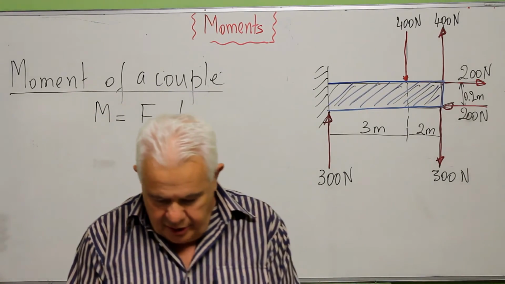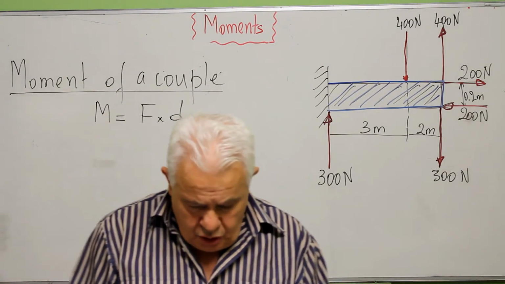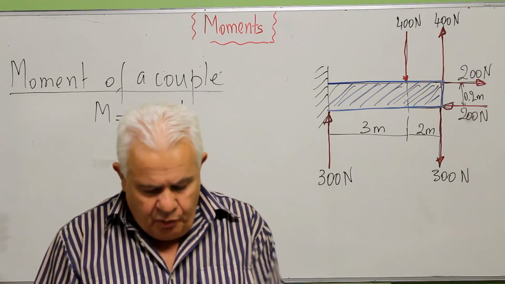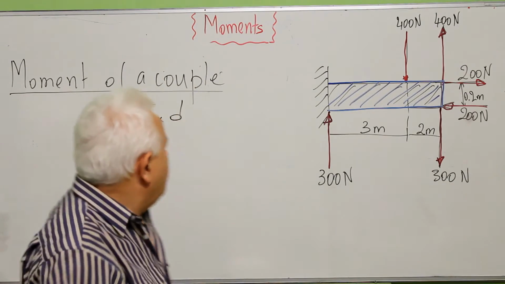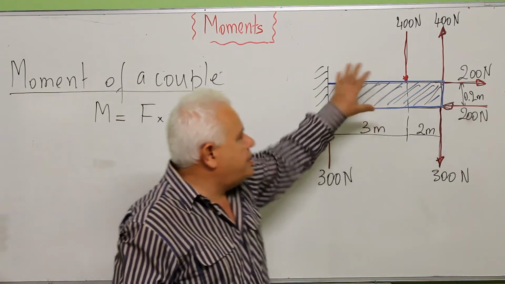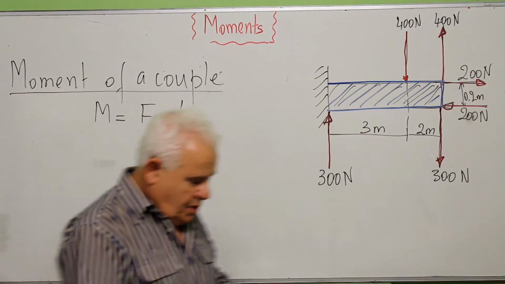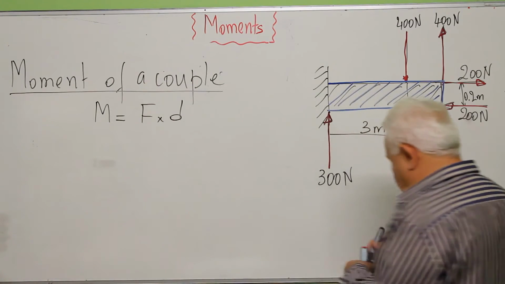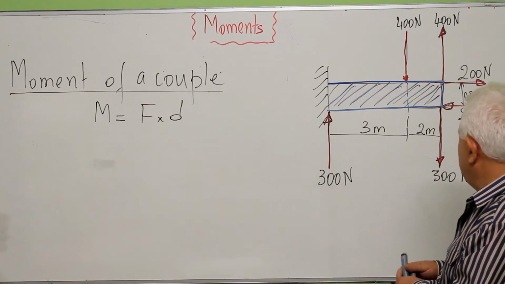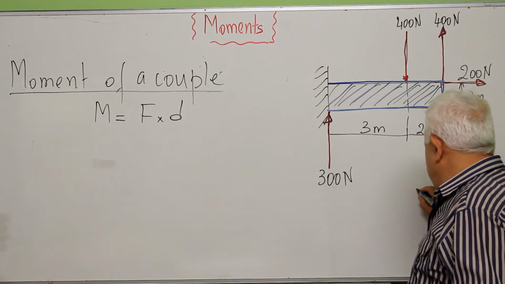So, like forces, the couples, if we want to calculate the resultant couple of all these forces, we have just to add them, but we have to choose before doing that a sense of orientation.